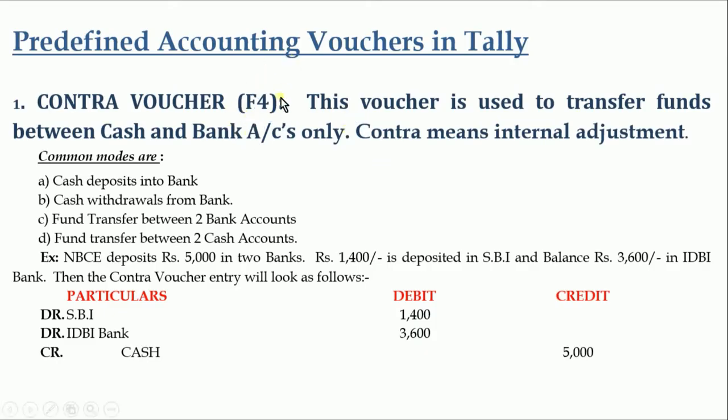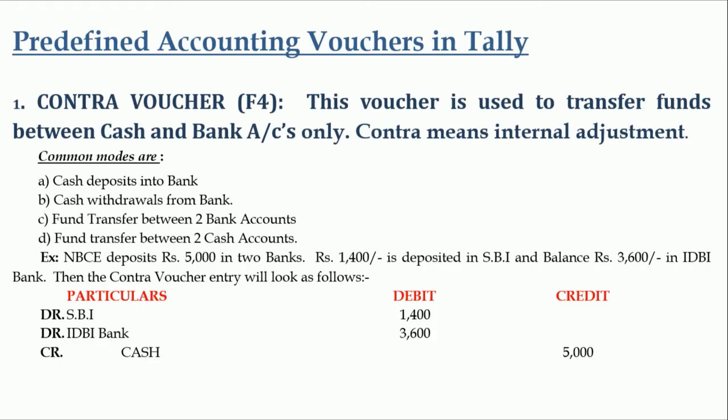The shortcut key for the contra voucher is the F4 function key. This voucher is used to transfer funds between cash and bank accounts. The meaning of contra is internal adjustment. And remember, in contra, we can adjust our cash and our bank accounts.